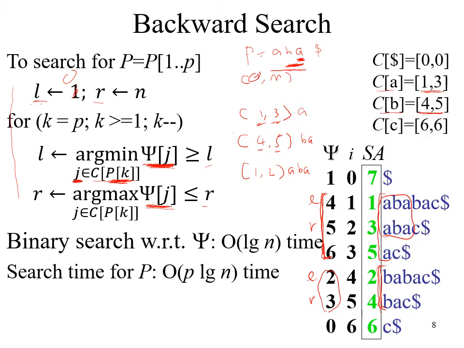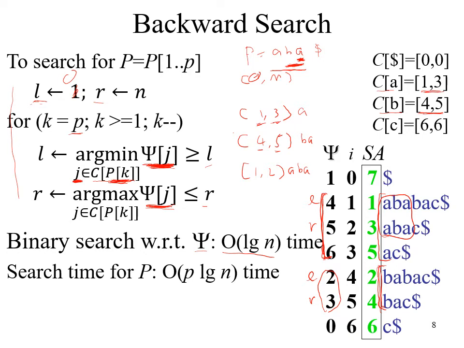So by this algorithm, we can obtain the range for pattern P. Okay? So we repeat this P times, and each step we do a binary search on psi twice. Each binary search takes order log time because psi is computed in constant time.